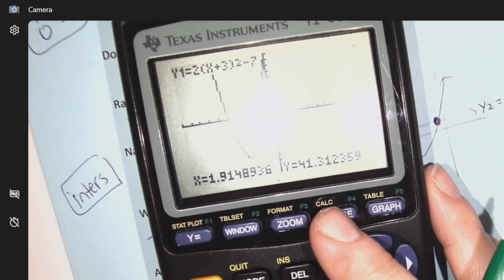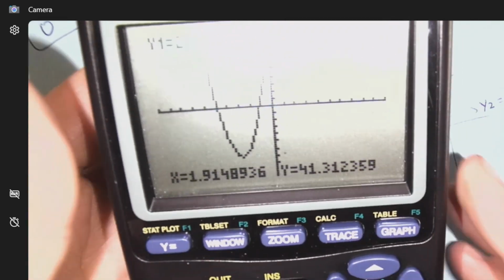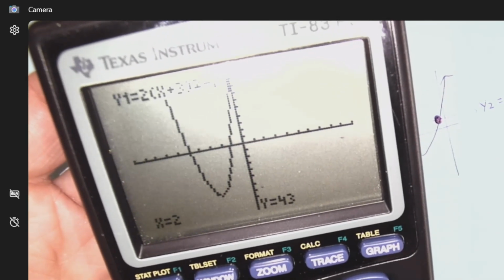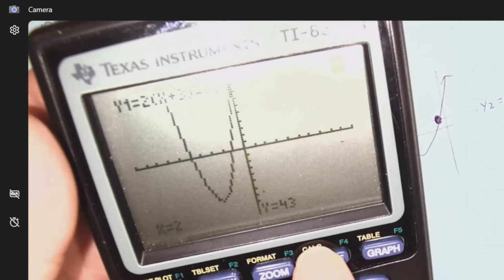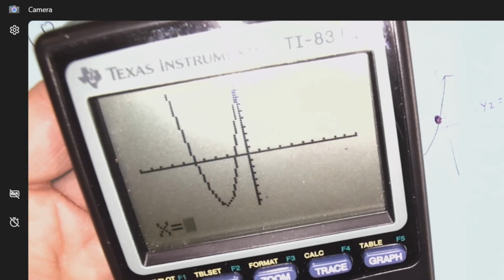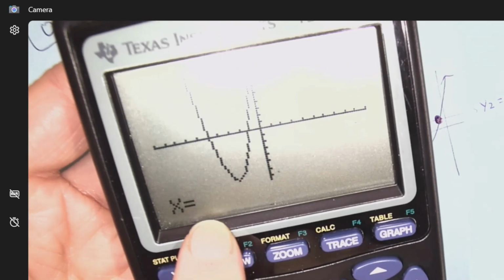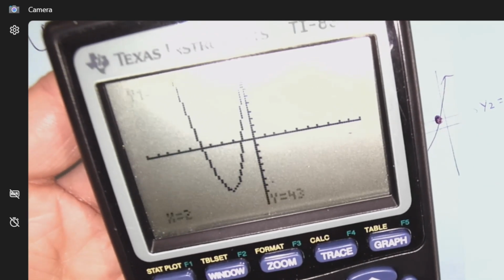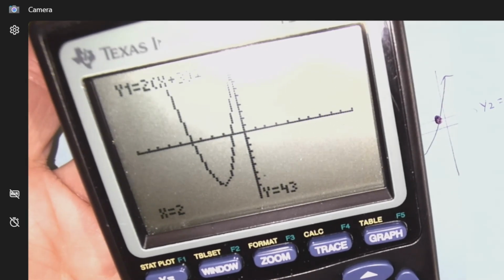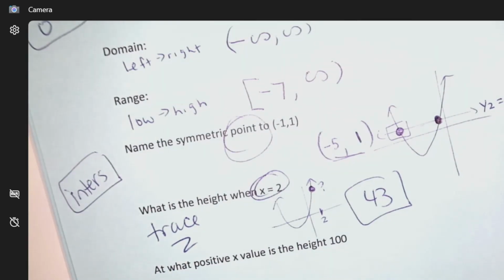As soon as you hit trace, it activates your mouse, and then I told you could just go to enter. Also, under your calculation menu, there's the value option, but it does the same thing. It just brings up x equals 2. Value or trace, tell it to go there. It does the same thing.